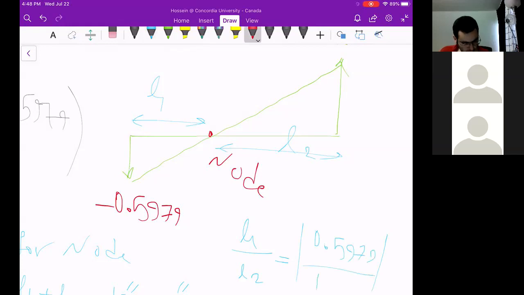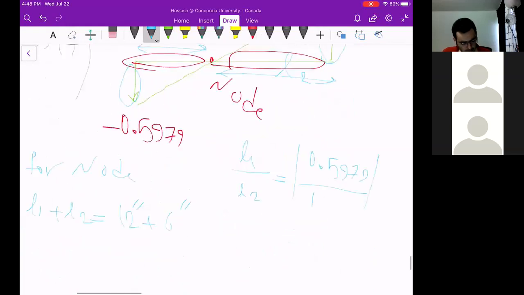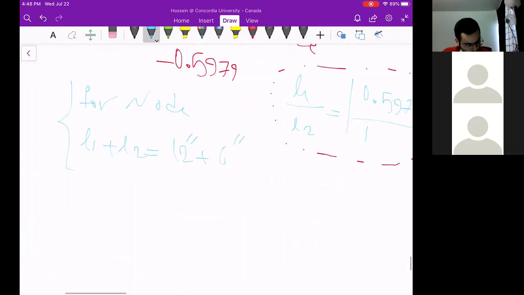Since these are proportionate to this, this one will be proportionate to this side. Then by taking advantage of this relation, I can identify at which place the node will occur. So L1 is going to be 0.5979 L2. So you have two equations, and you could easily identify L1 and L2.